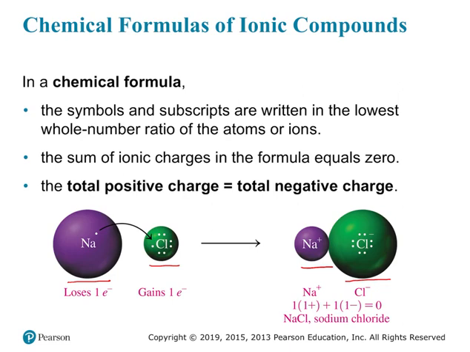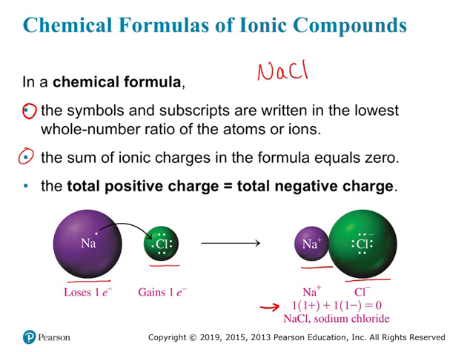All right. Now, when we're writing out a chemical formula for an ionic compound like NaCl, we want to make sure that the symbols and subscripts are written in the lowest whole number ratio of the atoms or ions. But also, we want to make sure that the sum of ionic charges in the formula is equal to 0. Down below, we have a simple summation.